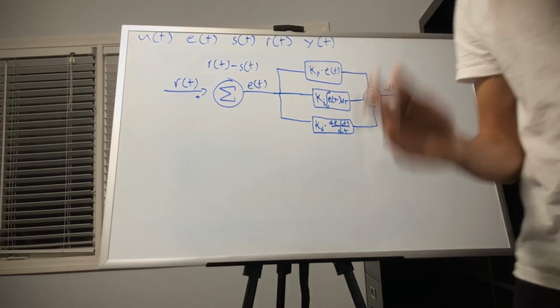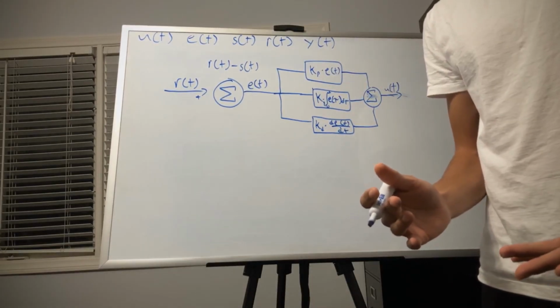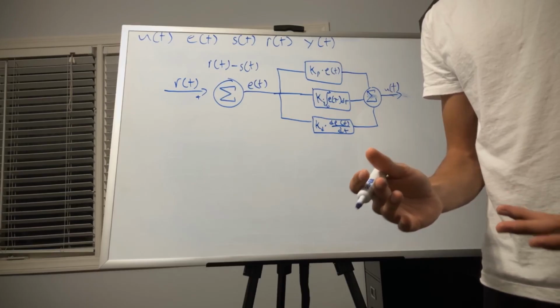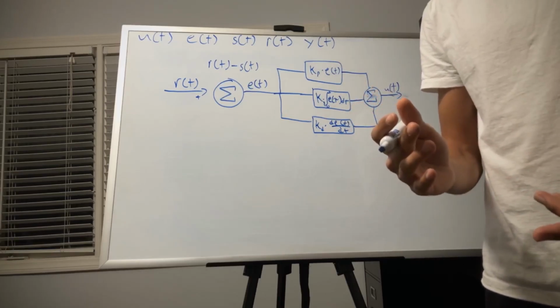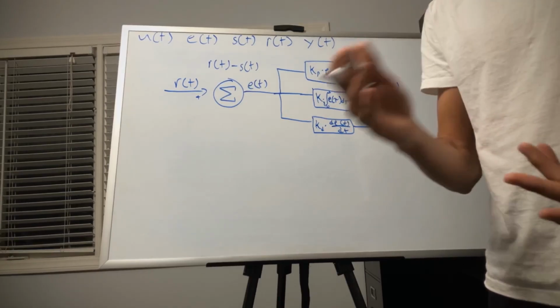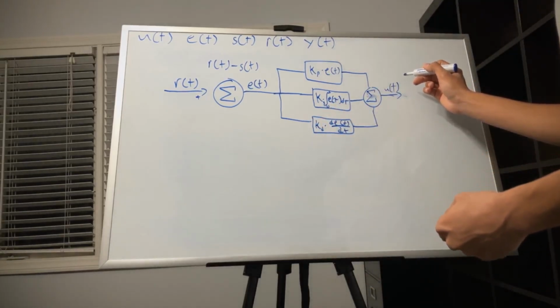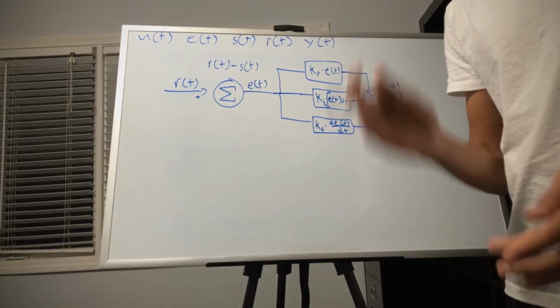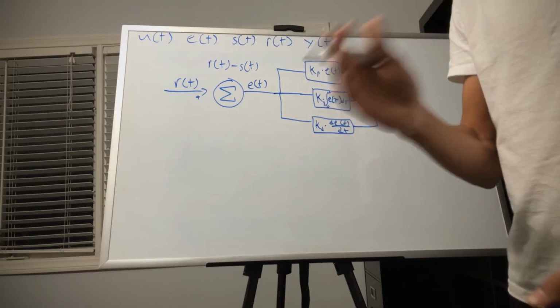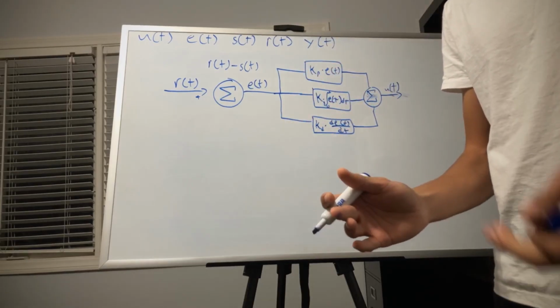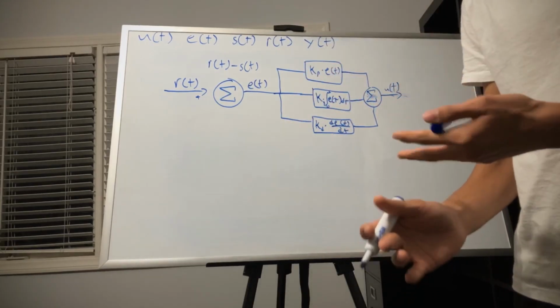A controller output you can think of as being like a motor voltage. So we're setting a motor to run at X percent voltage. This controller output is telling the system, I want the motor to be running at this amount of voltage in order to accomplish what you want to do.